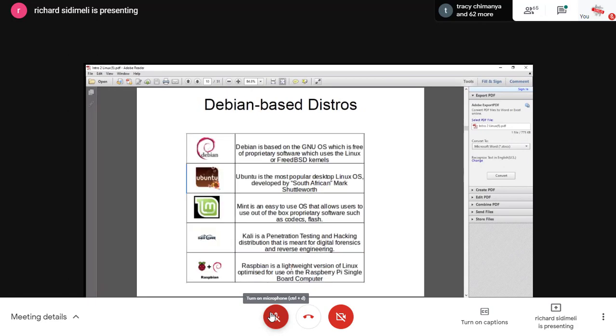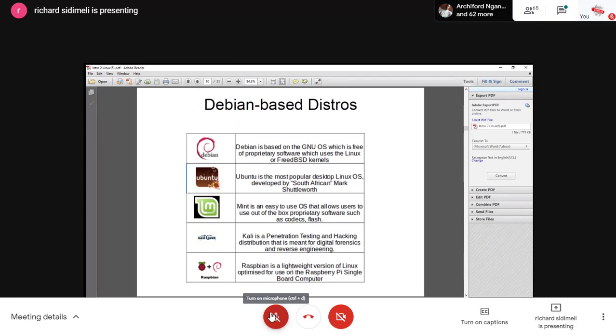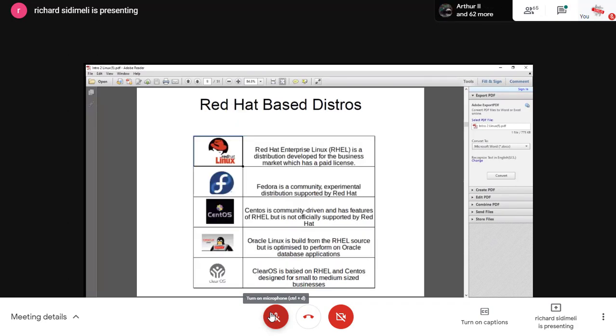Can I ask a question on the last slide? What do you mean by Red Hat based distros? When we say Red Hat based distribution, Red Hat is the developer and the main distributor. But when they develop them, they can give them names. So they name one product Fedora, another product they name CentOS. Are we together? Yeah, thank you.